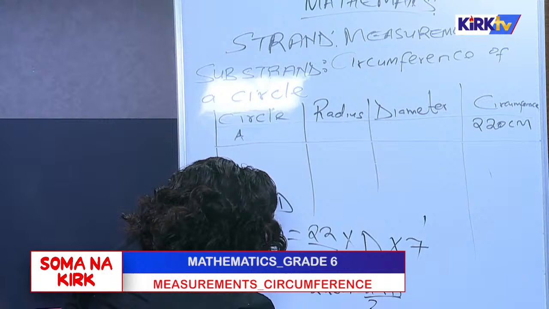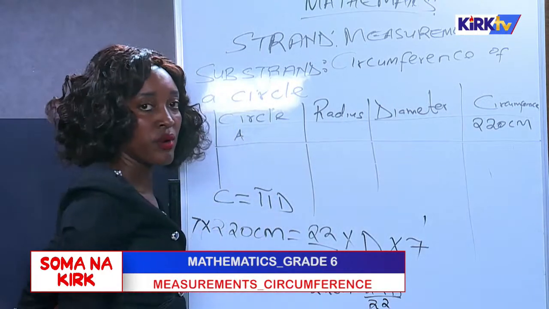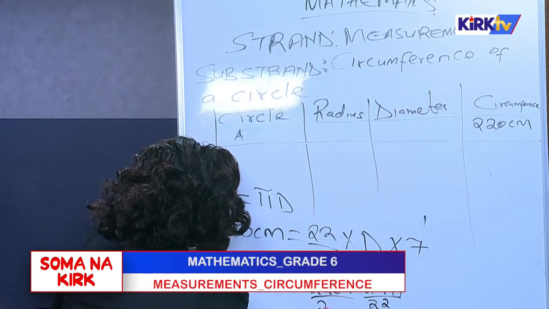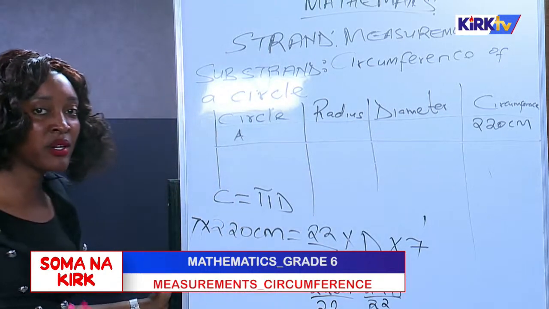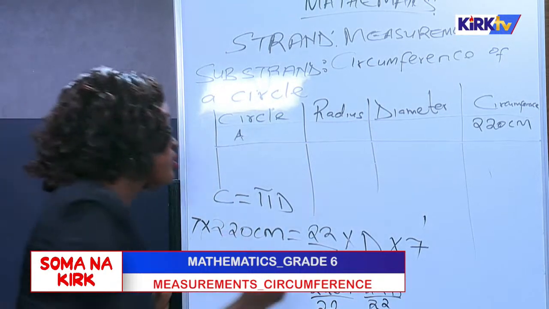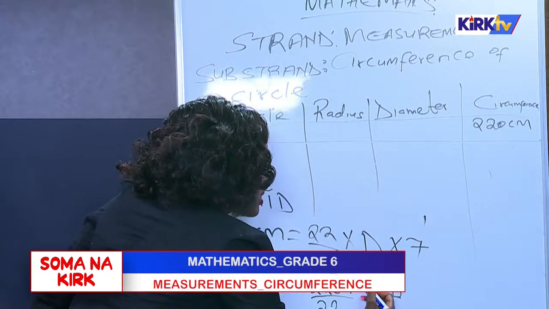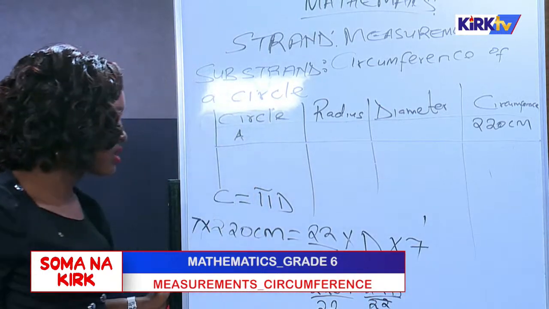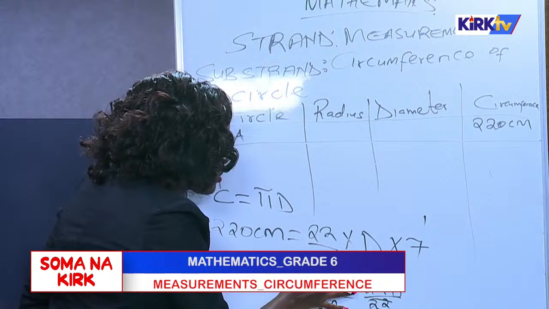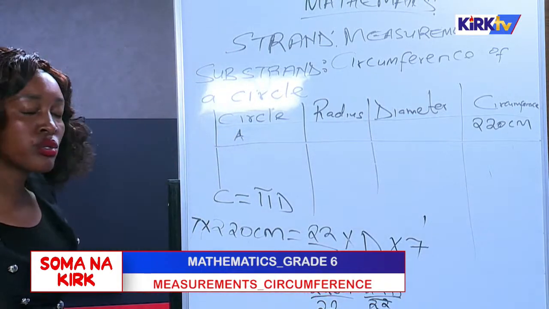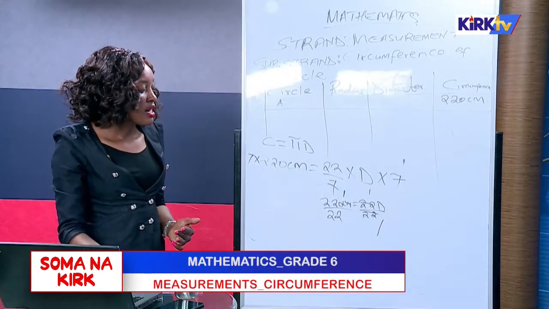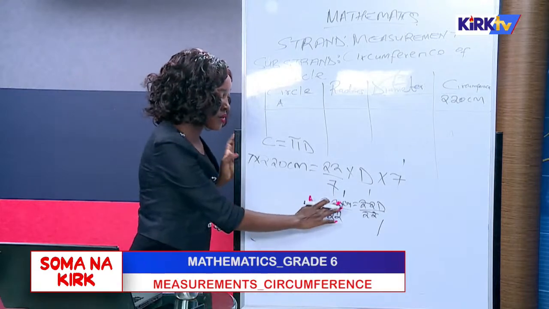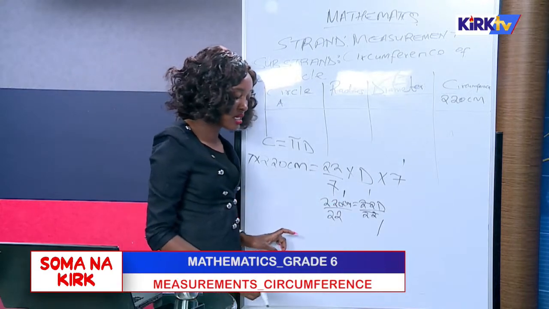Divide by 22. So we simplify: by 22, 1, by 22, 1. And then, of course, we have 220 and 22 here. So how are we going to simplify? You simply hide the 0 here. So you hide our 0.